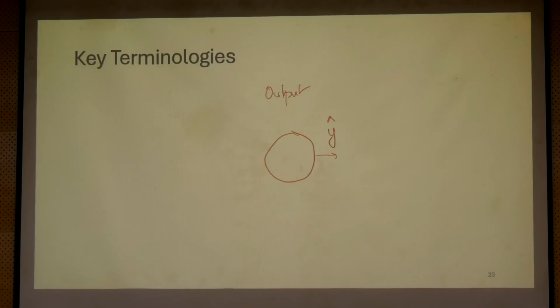Whenever we are using a training set, typically for supervised classification, we will know what the ground truth is. The ground truth, the actual known value, is usually indicated as y. Y hat is the predicted output from the neural network.